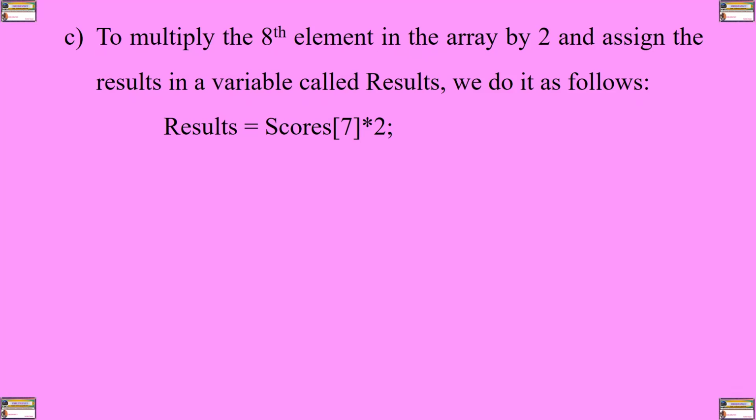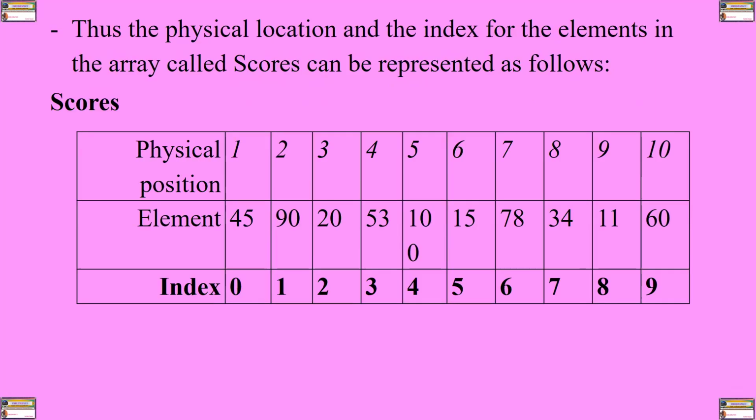So if the 8th element in the array, for example, let's go there. As you can see here, the 8th element of this array is 34, whose index is 7.